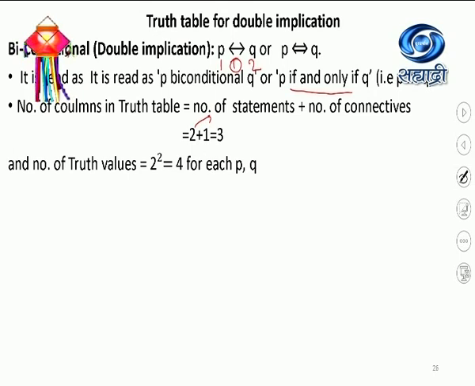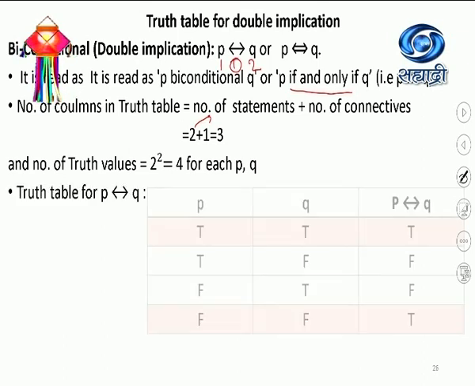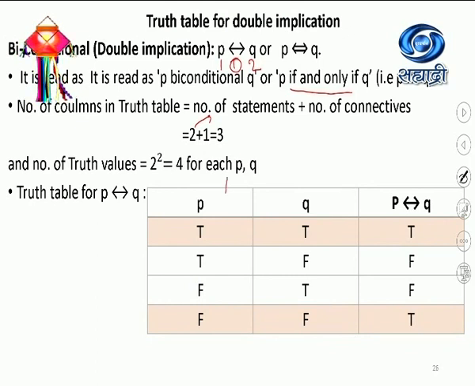So now we know the format of the truth table for P biconditional Q, and it will be like this: 3 columns, of which the first 2 columns are by default for the simple statements P and Q, with the truth values of P and Q being TTFF and TFTF.